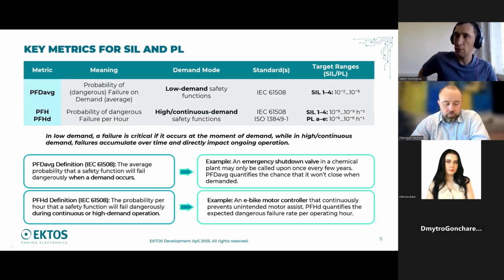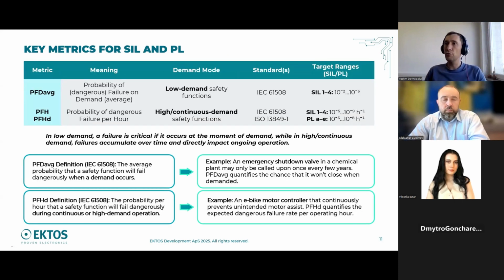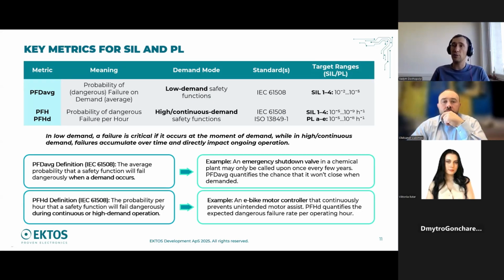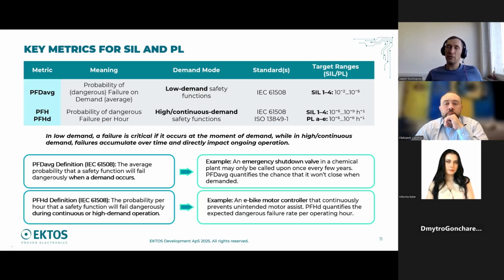Okay, knowing the demand, there are 2 different metrics, and they are the main metrics that you need to meet. In fact, functional safety leads to only one of these 2 parameters, depending on your demand, and the rest of the metrics are calculated or derived from one of these 2 parameters.